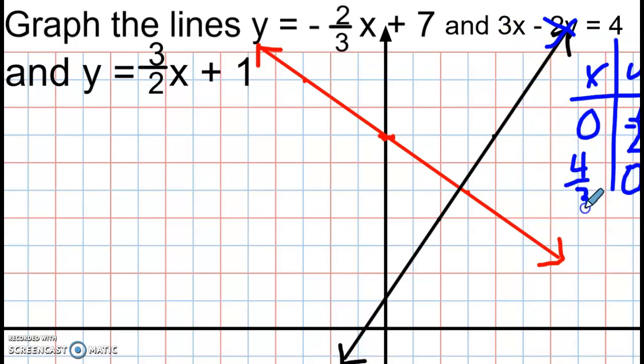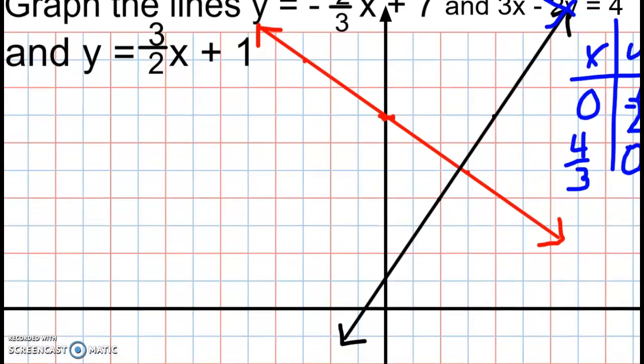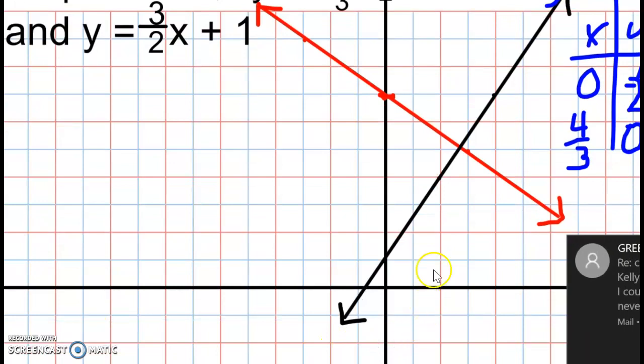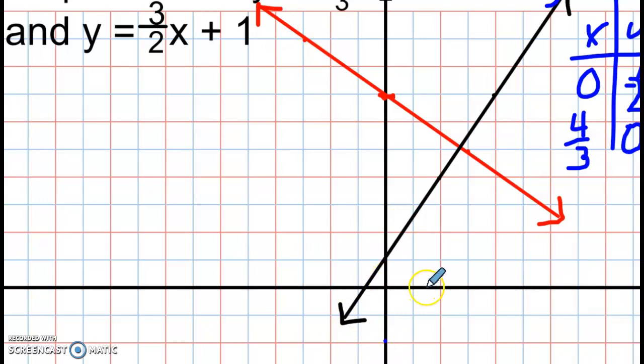So it looks like my y-intercept is -2, and my x-intercept is 1 1/3. Okay, so we'll graph that.